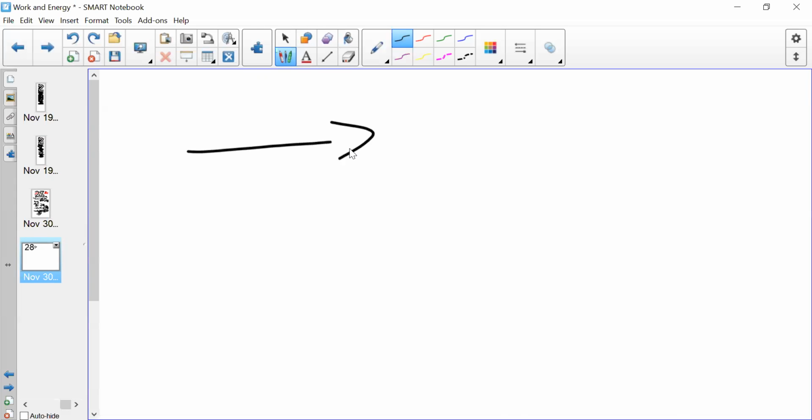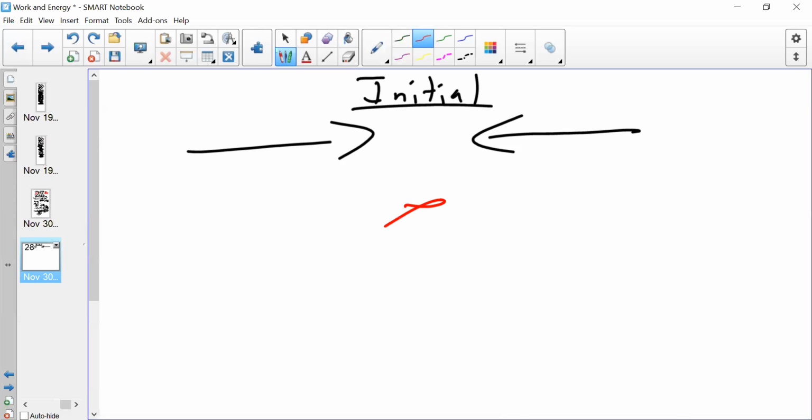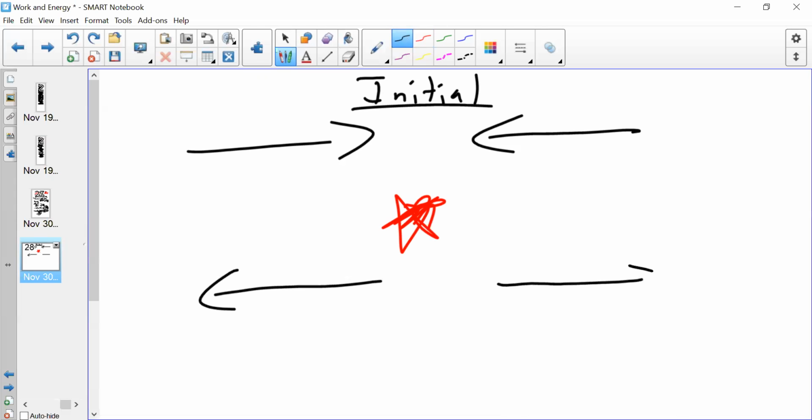So we had object number one. This will be the initial condition. They hit, collide, and then they go backwards. We've already talked about impulse, that the impulse that both of these objects exert on each other is going to be equal and opposite.